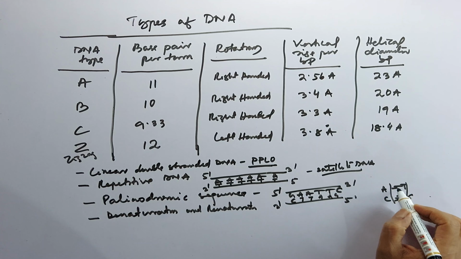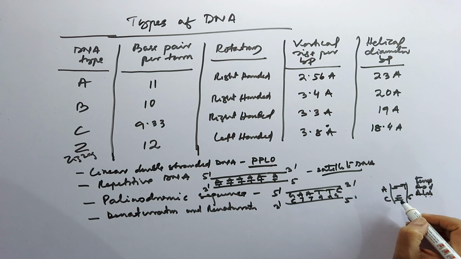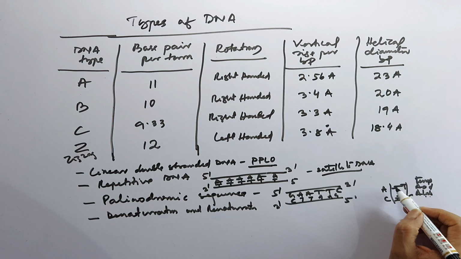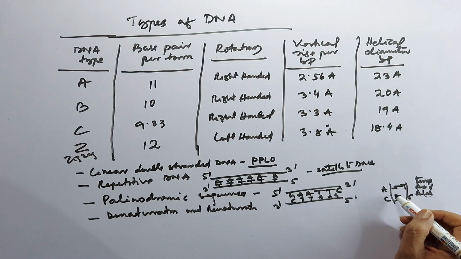When we add high temperature, acid or alkali, this bond will break, and if we restore, then renaturation occurs, or annealing. The melting point: A and T pairs are more, that gives low melting point; G and C gives high melting point because of hydrogen bond stability.